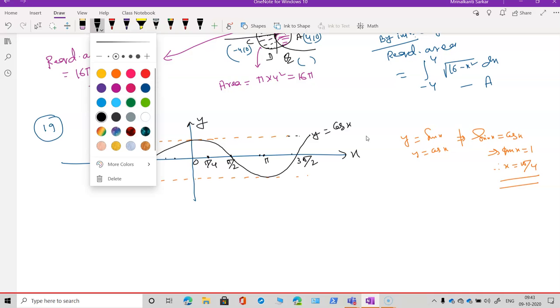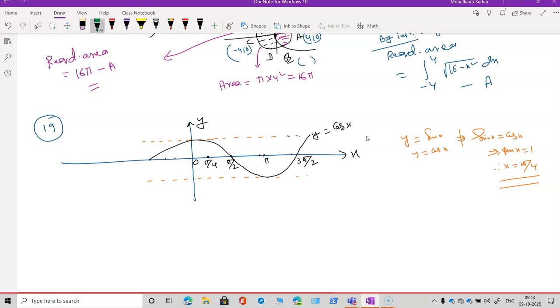And then we are going to plot sin x. Sin x I am doing with this green one. Sin x will pass through the origin, you know very well. At pi by 2 it has its maximum value. My diagram is not perfect.